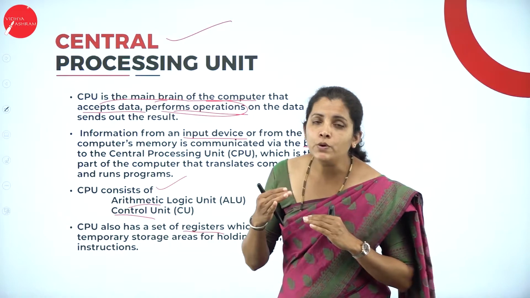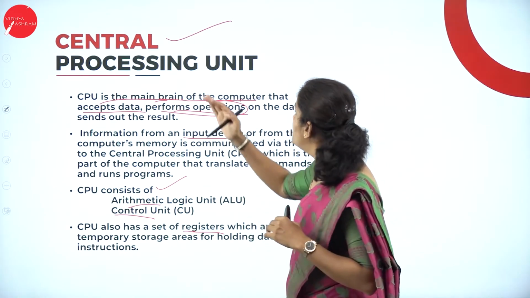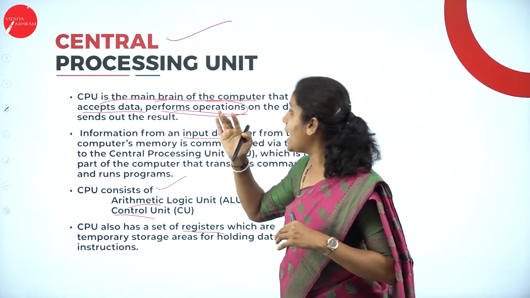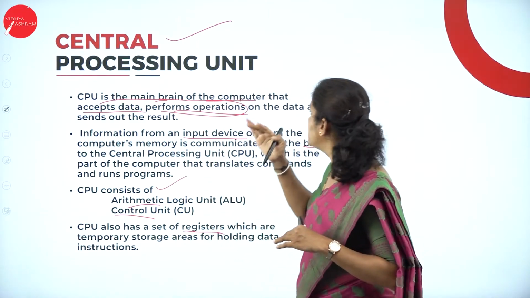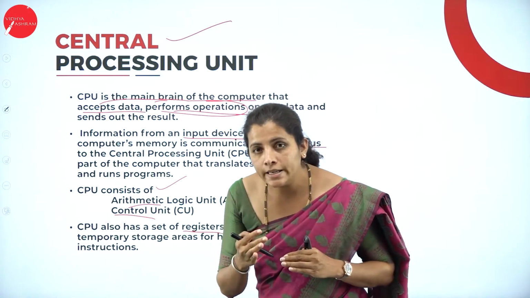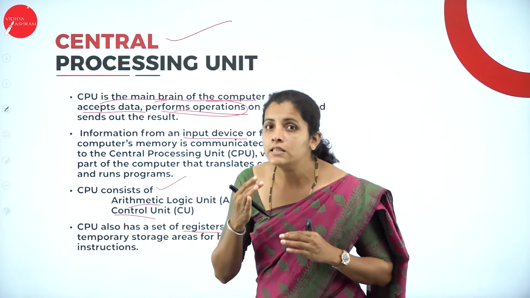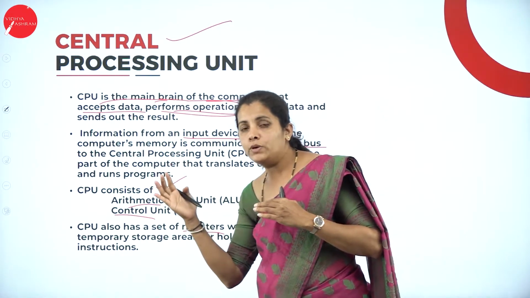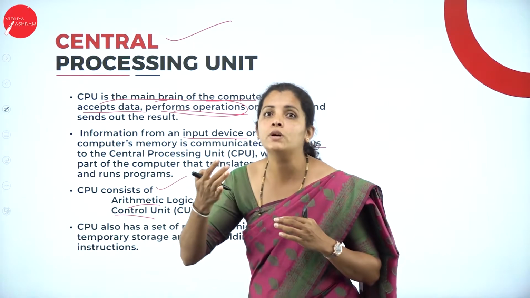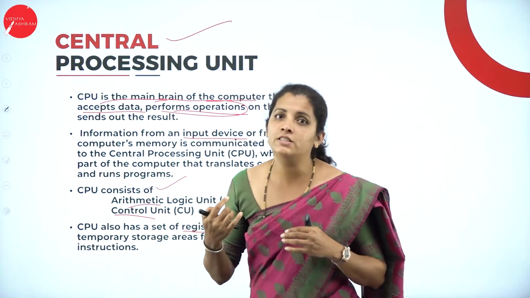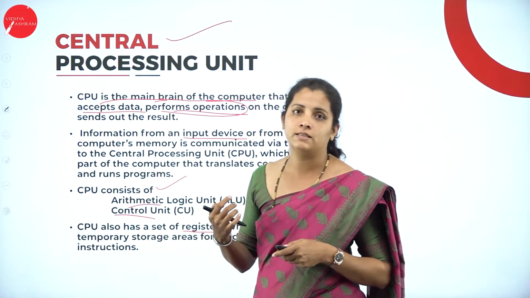So CPU is also called the brain of the computer and it is responsible for accepting the data, performing the operation and sending the result. Accepting the data or sending the result from memory to display unit or input device to computer is carried out through a communication channel that is called bus.